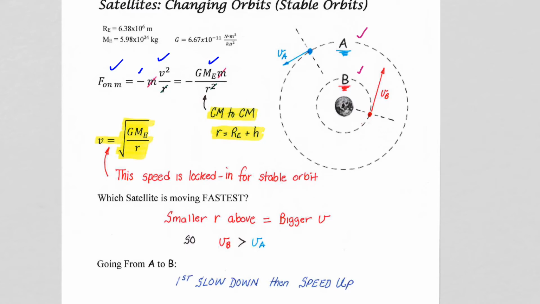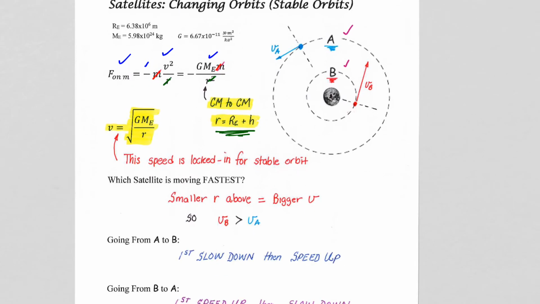The m's for the satellite cancel out, we lose one of the r's, and we get our standard v equals root of capital G mass of the Earth divided by r, where r, of course, is the radius of the Earth plus h, the altitude that the satellite is at.